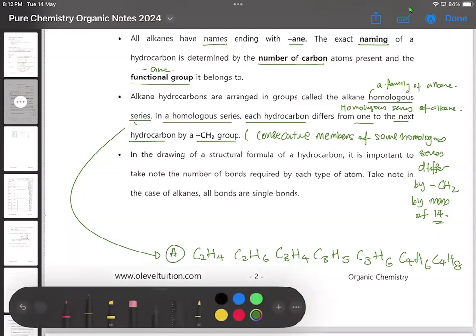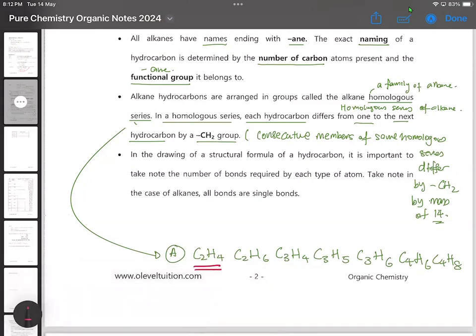For C2H4, the next member should be an addition of a CH2 group, which means C3H6 belongs to the same family as C2H4. If you move on to the next one, another CH2 group, that means C4H8 also belongs to the same family. So these three belong to the same family because as you move from one organic compound to the next, they differ by a CH2 group.